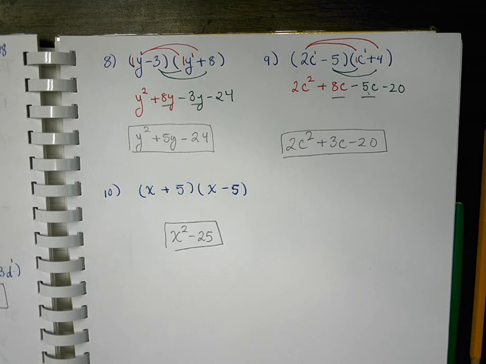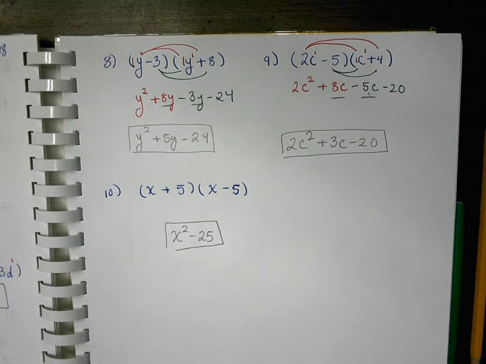Okay, you guys help each other out? So, when you do the double distribution, x squared minus 5x plus 5x, when you combine the middle terms, they'll cancel out. And then it'll just be x squared minus 25. Okay.